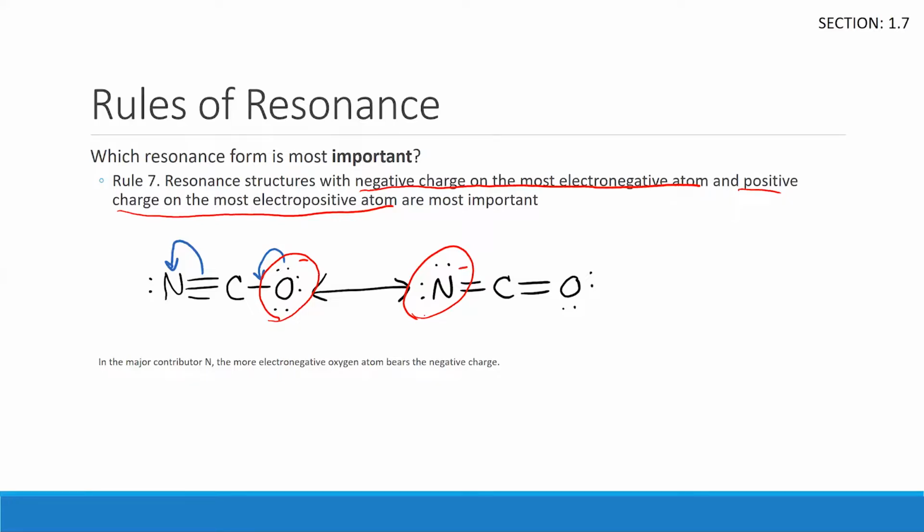So the resonance structure that has the negative charge on the oxygen is going to be more likely, more important than the resonance structure that has the negative charge on the nitrogen. So for this case, our major resonance structure would be this structure, and this would be the minor resonance structure.